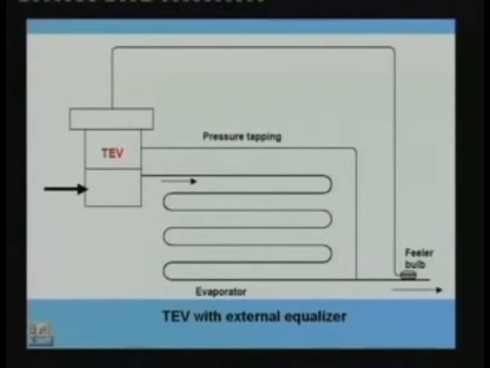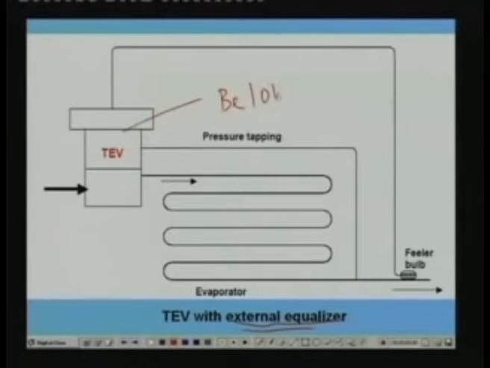So this is the schematic of a thermostatic expansion valve with external equalizer. Okay, this is called the external equalizer. The difference, as you can see here, is, let us say that this is a bellows. So here the pressure acting is the pressure due to the feeler bulb, that is PP, and the downward pressure is not the pressure at the inlet of the evaporator, but the pressure at the outlet of the evaporator.